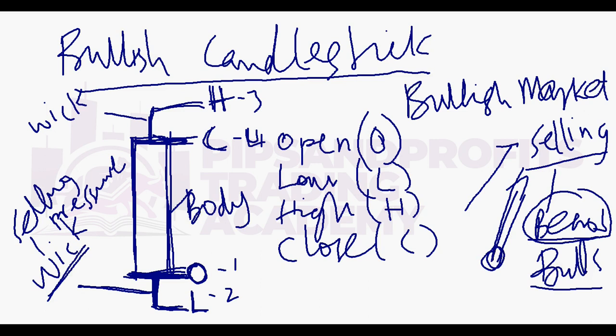The wick is saying that when the market started going up, within that time frame, the bulls wanted to close the market at a higher price. That is the high.